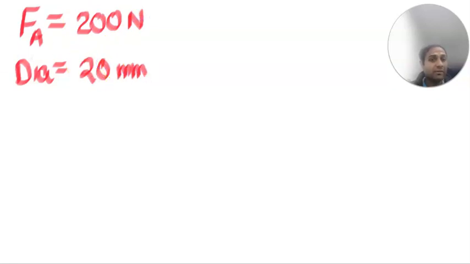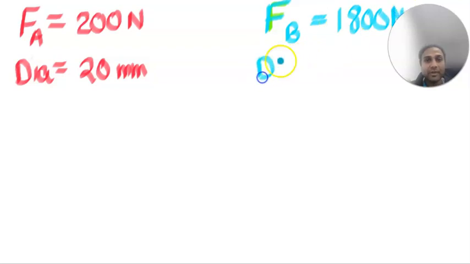And at B, if I change the color, force at B we didn't know, but we know it's 1800 Newton, and the diameter is 60 millimeter.